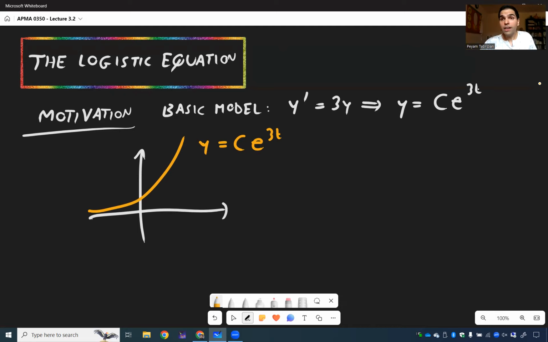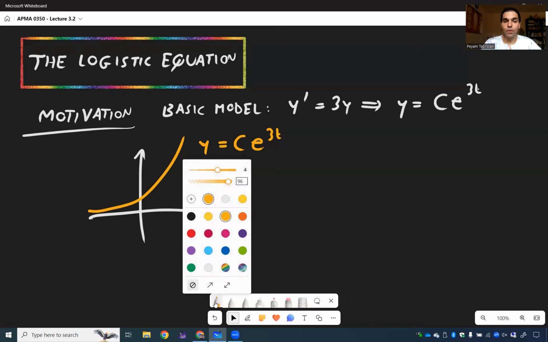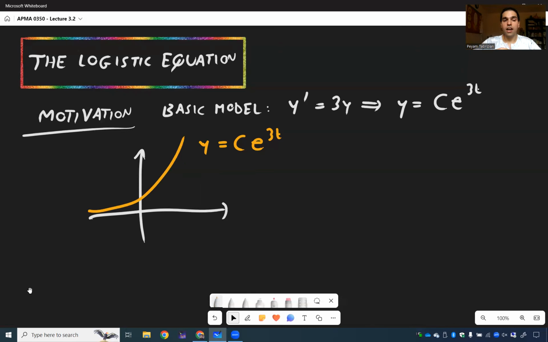But to be honest, this model is pretty bad. Why? Because we can't really expect bacteria to grow indefinitely because the amount of food is limited. There's not an infinite amount of food that they can grow as much as they want. At some point, they will starve and their growth will be stunted.